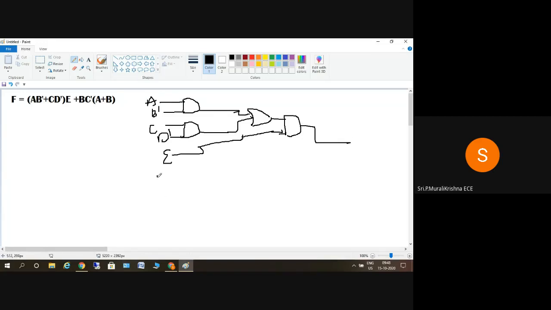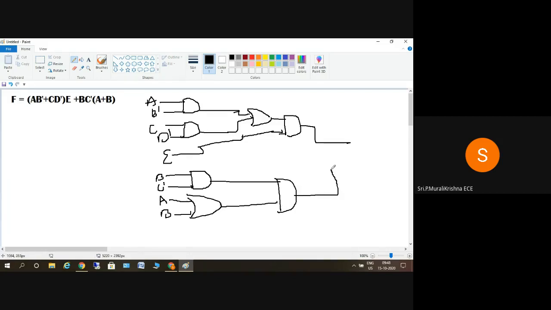And B C bar is given to an AND gate, and A plus B is given to an OR gate. Both of them are multiplied here, so this is given to an AND gate, and these two are added here. So this is the normal AND OR implementation.